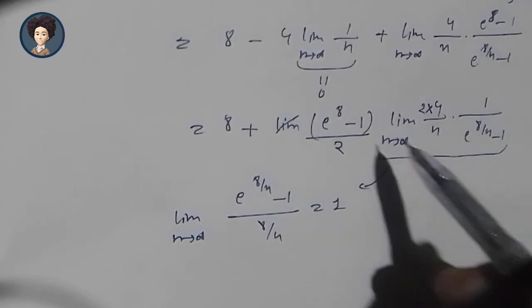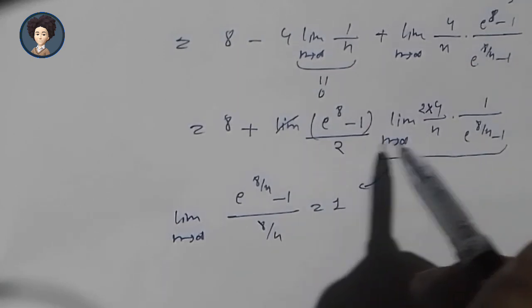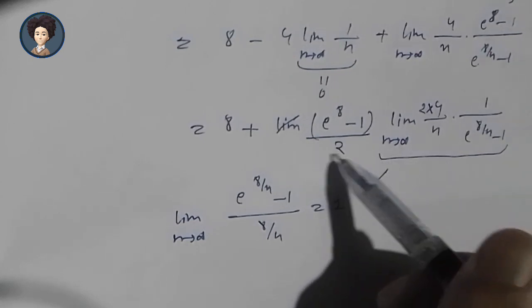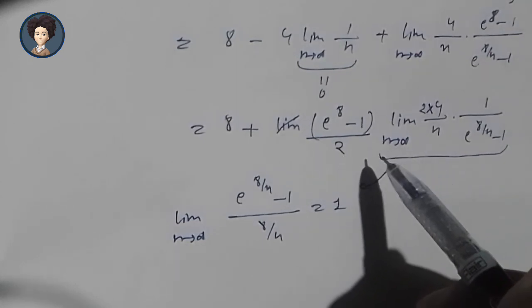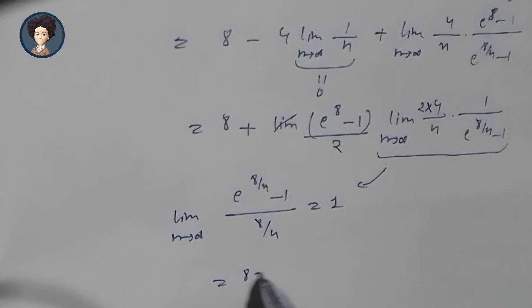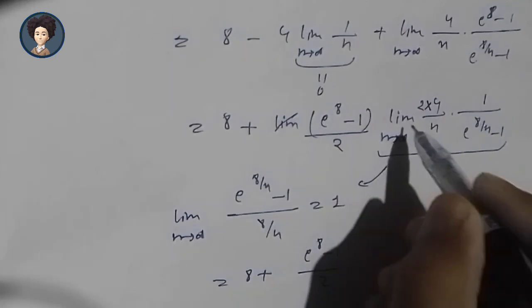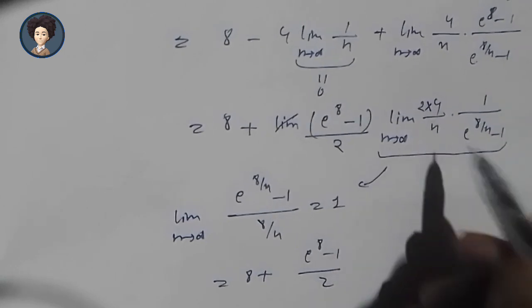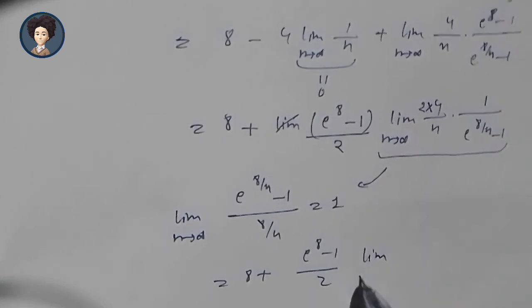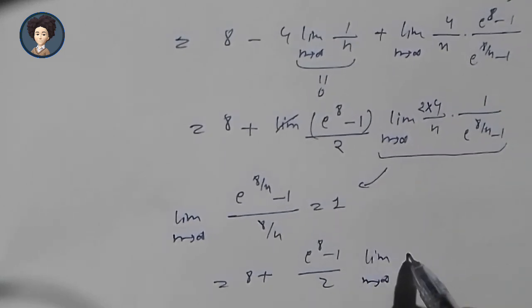Okay, since this is a product term, wherever we divide by 2 it will become the same, isn't it? Now I can write e to the power 8 minus 1 by 2, since this becomes 8 by n here, so limit n tends to infinity.